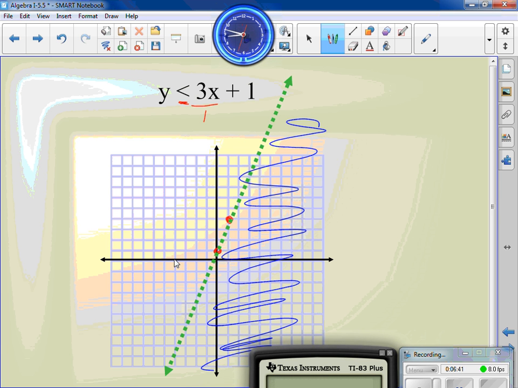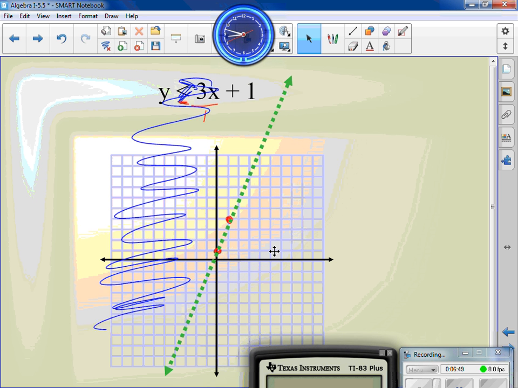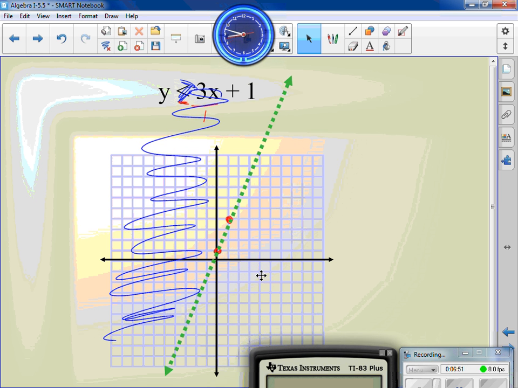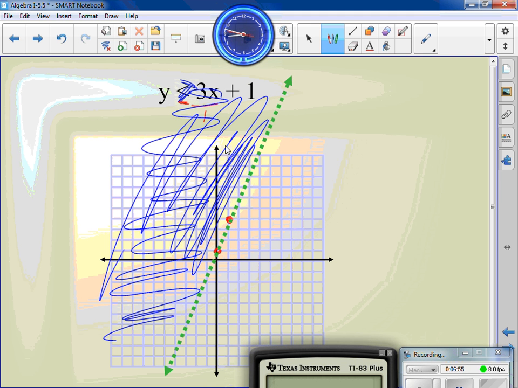You want more than, that 50 is the lowest you can have, right? So if I flip this around and make this a greater than, my shading is now going to go over here. That means anything in this shaded region will work. So if I got paid $3 an hour, and they gave me $1 just for showing up, anything in this shaded region will get me more than what I need.